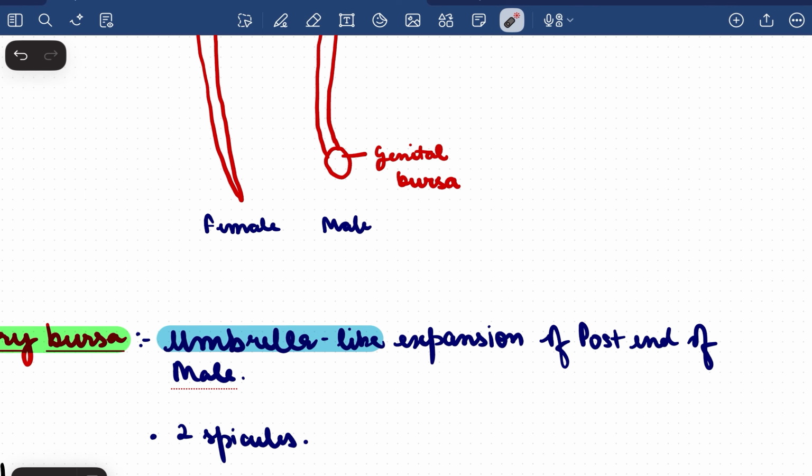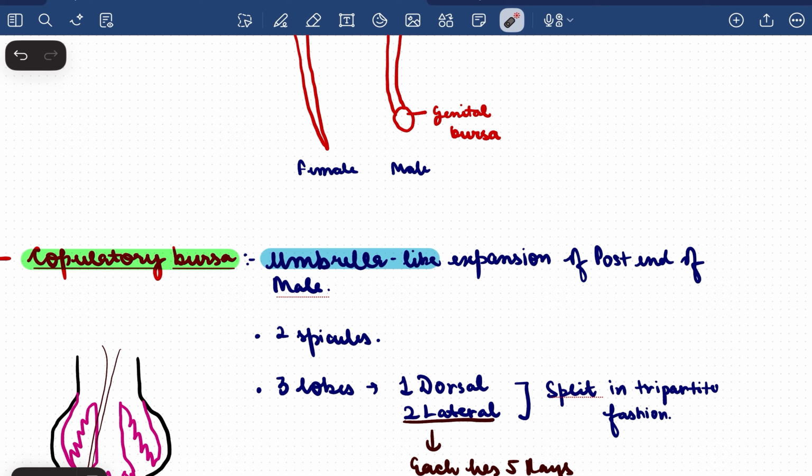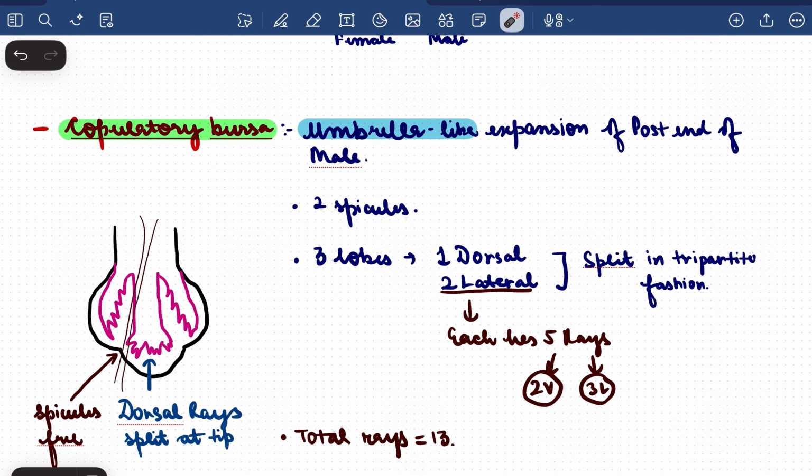Let's look at this in a bit more detail. Over here you can see that the posterior end of the male is extended into a balloon-like structure, but that balloon is also split in a tripartite fashion. Two spicules are coming out of this bursa and there are rays present in it.